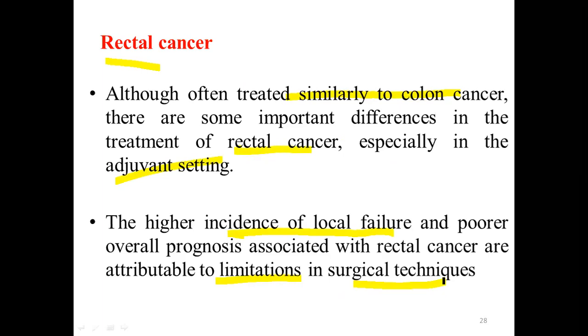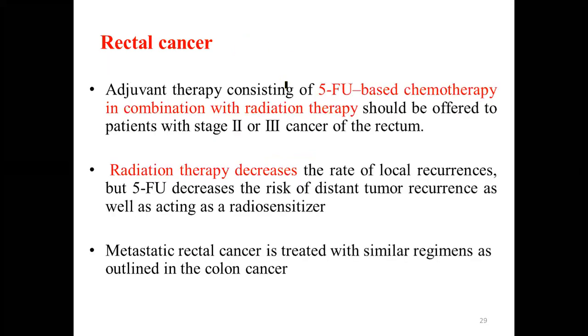In general, local recurrence and prognosis are comparatively poor with rectal cancer. In the epidemiology, 2/3 of the cases are colon cancer, 1/3 is rectal, and others involve both colon and rectum. Sometimes even the anus can be involved.